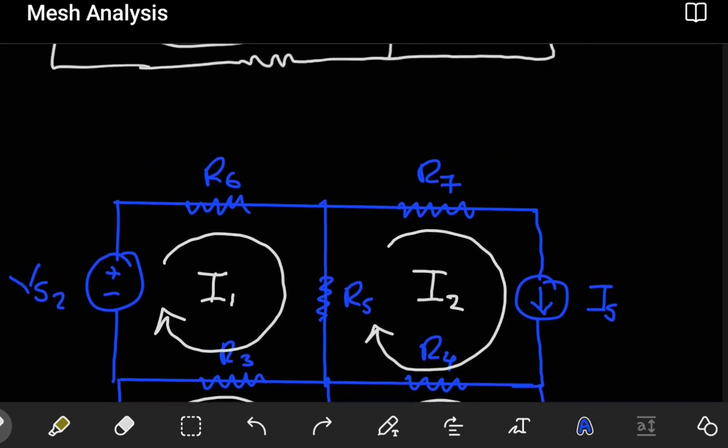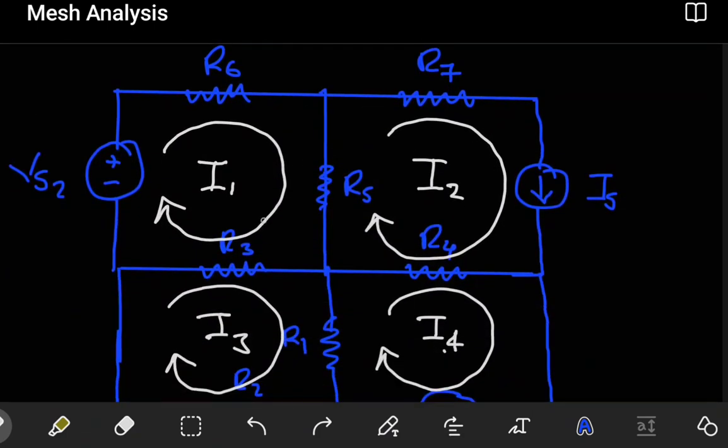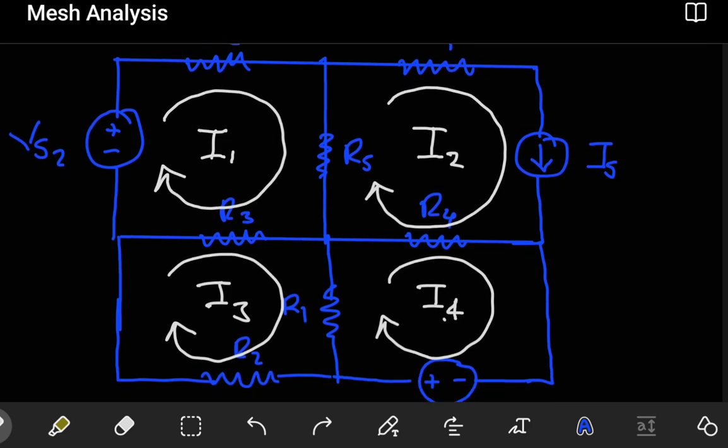You will see this to be most beneficial when you have circuits that have a display like this one. And also there's one question that I saw from a past exam paper where you could create up to 9 loops, so you had to literally do the mesh analysis for all the 9. Now such a circuit, of course, is going to be much more complex to work out using the normal methods, but mesh analysis gives us a way of analyzing the circuit with fewer unknowns.